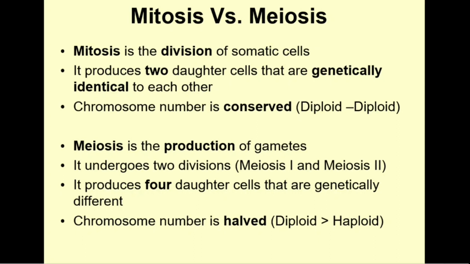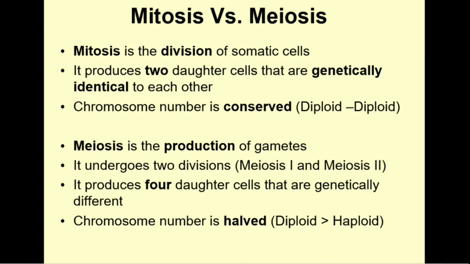At the end of meiosis, because we go through two separate divisions, we end up with four daughter cells, and each of those four daughter cells is genetically different from the others. As we'll see, we mix up some of our genetic material. The chromosomes get jumbled up a little bit.